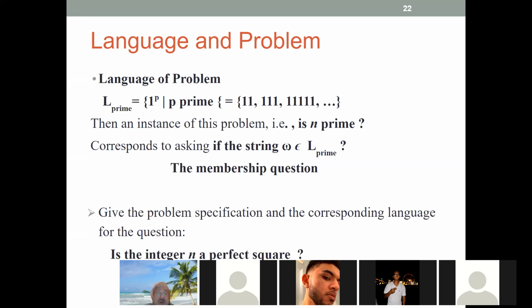So that's the membership question. And the problem specification and the corresponding language for a question: is the integer n a perfect square? 9 is a perfect square, 16 is a perfect square, 25 is a perfect square. So you should be able to write this question as a language: 1, 4, 9, 16, 25, 36.